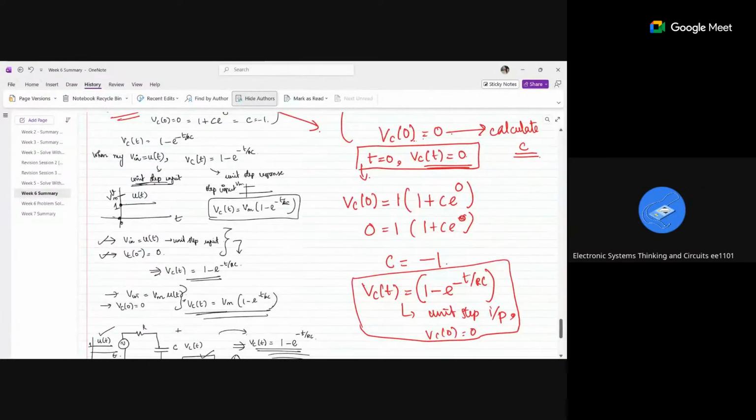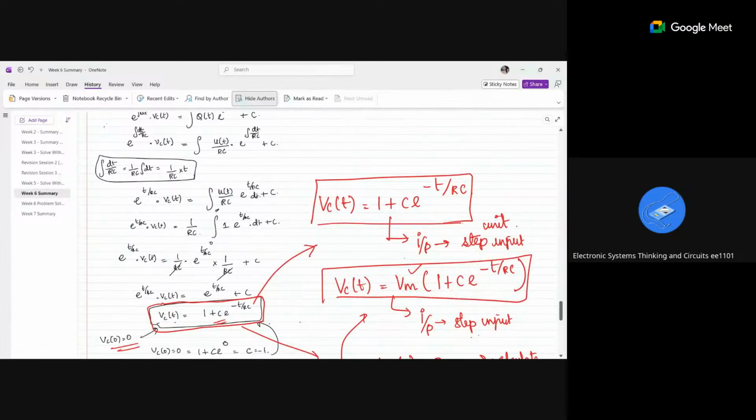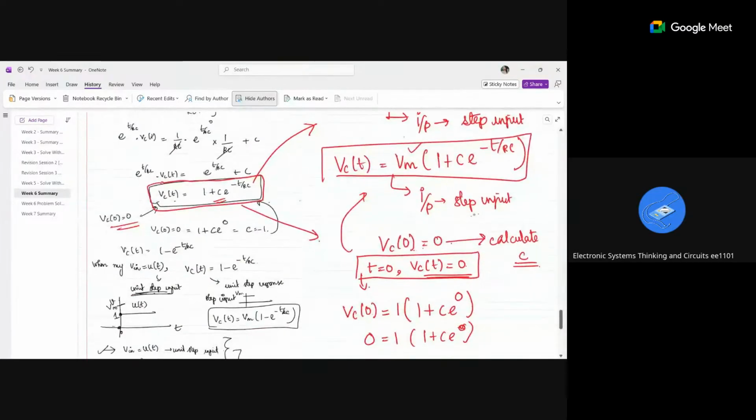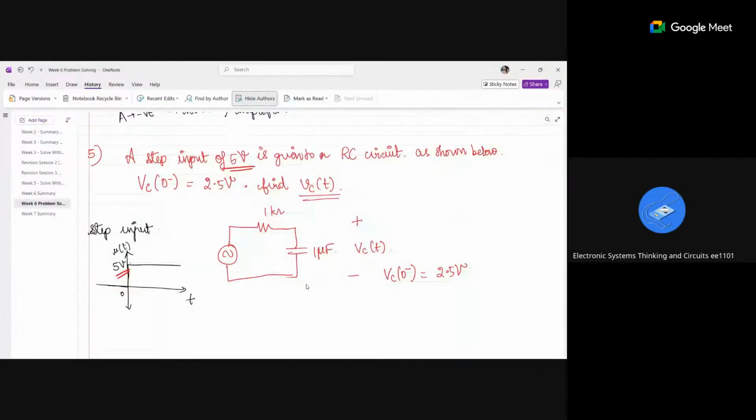Yes, because since you are integrating here, by integration you always add a constant, no? So for now, the most important formula is this one. Vc of t is equal to Vm into 1 plus C e power minus t by RC.